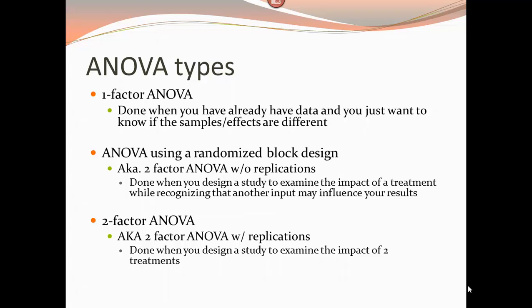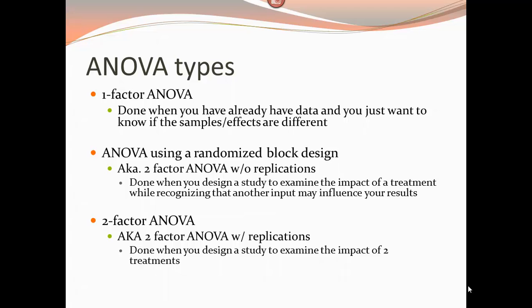The ANOVA with randomized block design is otherwise known as a two-factor without replication. This is done when you want to study the impact of a treatment, but you recognize that another input may influence your results. So an example of that would be analyzing new sales strategies, comparing end-of-month sales by employees using the different strategies.